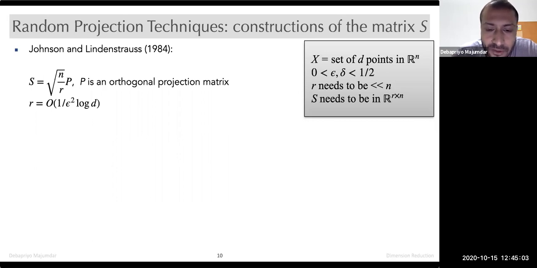So what does this mean? It means that we are going to use an orthogonal projection matrix. It will look like projecting onto a trivial R-dimensional subspace, but with some rotation. Any orthogonal matrix is actually a rotation of our canonical basis.